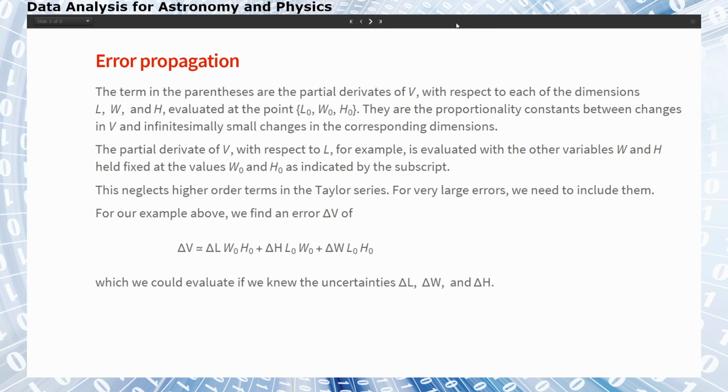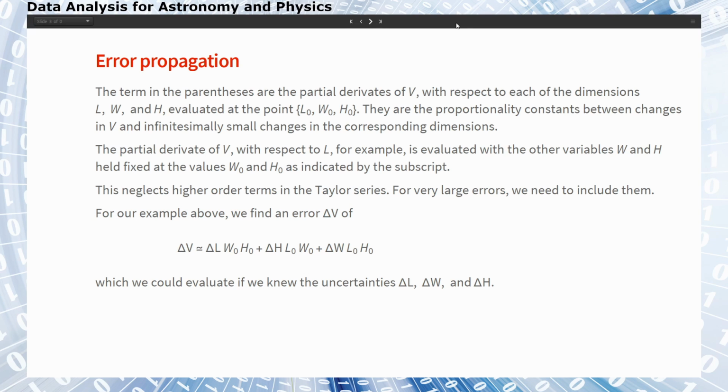The partial derivative of V with respect to L, for example, is computed with the other variables W and H held fixed at the measured values, as indicated by the subscript. This neglects higher order terms in the Taylor series. For very large errors, we would need to include them.